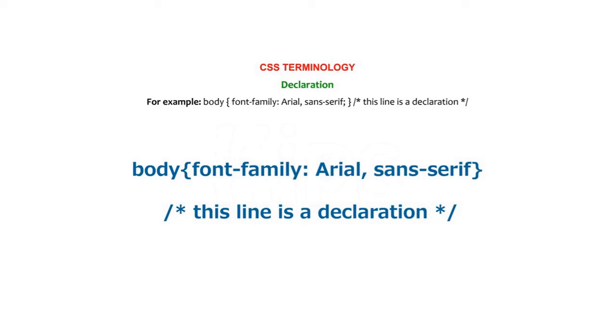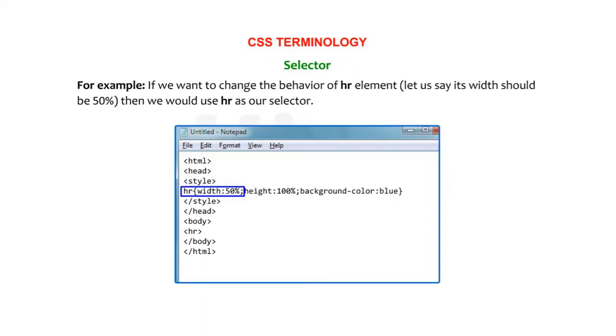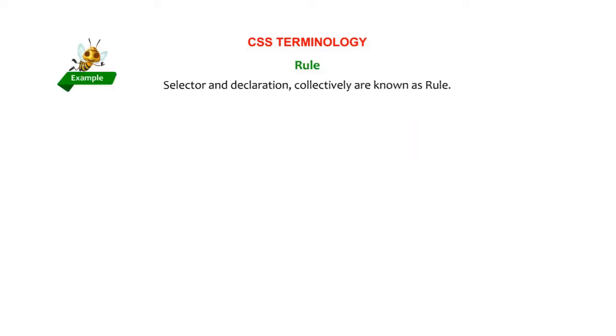Next is selector. A selector is the part of the CSS line that selects what element to target with the property value pair. For example, if we want to change the behavior of the HR element, let us say its width should be 50%, then we should use HR as our selector. Now, rule. Selector and declaration collectively are known as a rule.